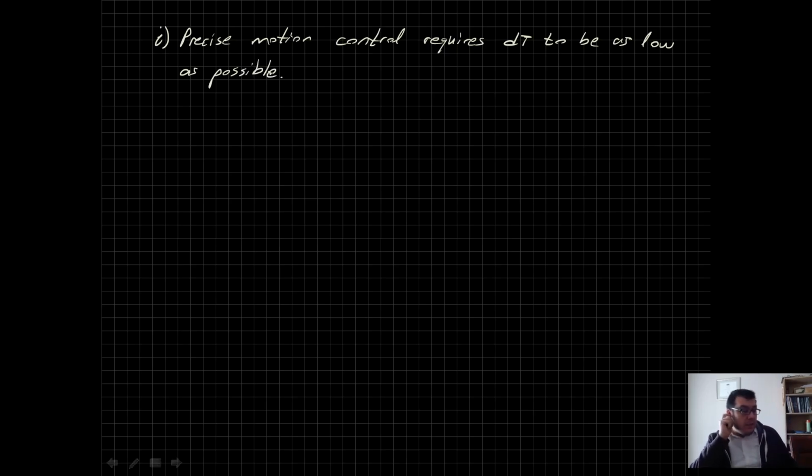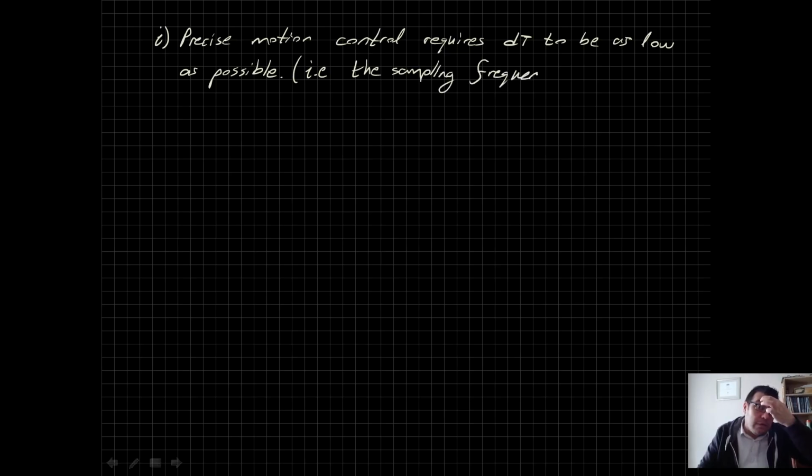So dt should be as low as possible, which means that the sampling frequency should be as high as possible. So let's write it also here: the sampling frequency should be as high as possible.